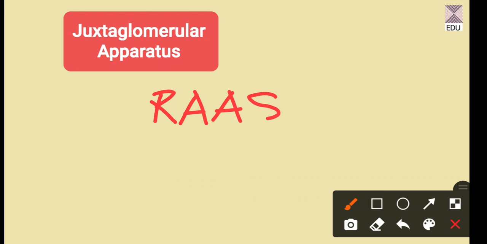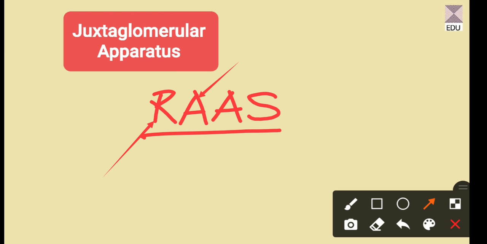So what is RAAS actually? This is the renin angiotensin aldosterone system. First, we have the renin component, a very basic component needed for achieving high sodium levels.